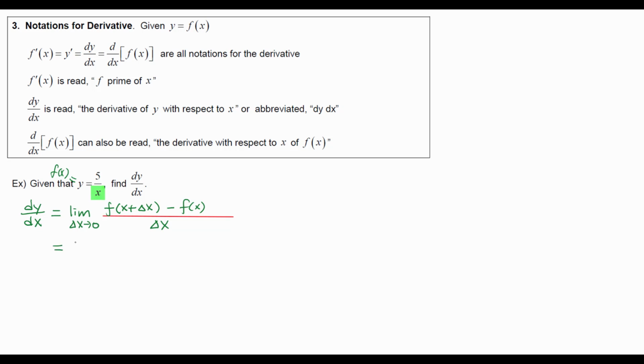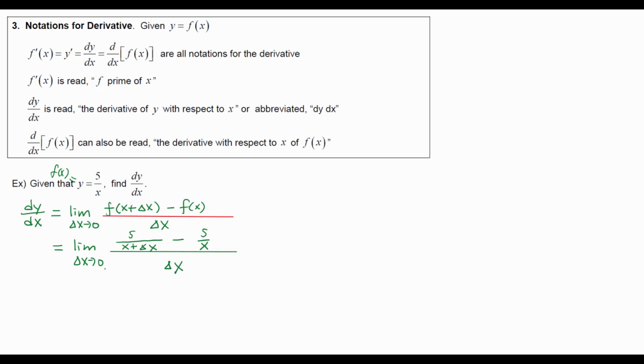So now the limit as delta x approaches 0 of f of x plus delta x, since my input is x plus delta x, is 5 over x plus delta x, minus f of x, you can just copy 5 over x, over delta x.